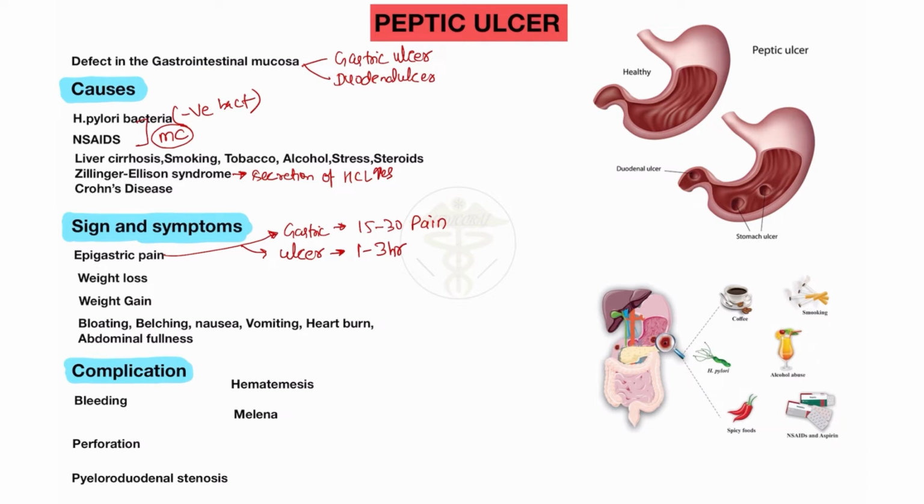So when a duodenal ulcer occurs, the pain occurs 1 to 3 hours after eating.